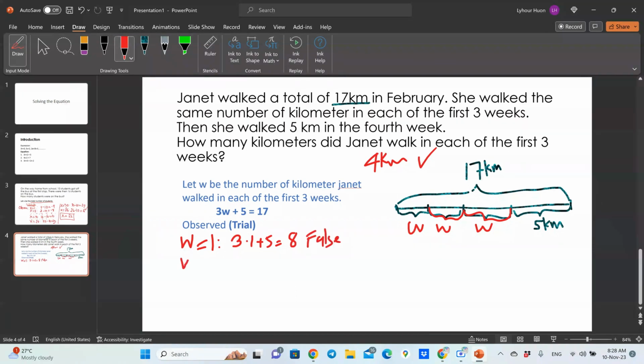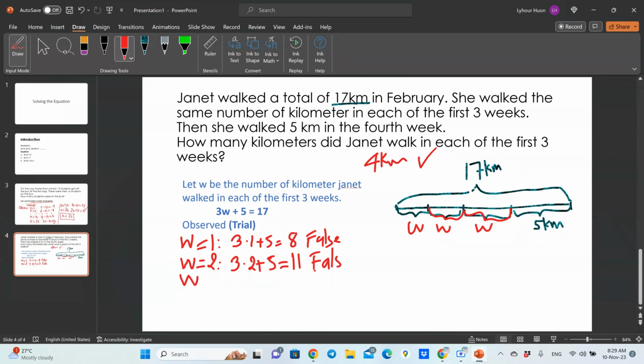Now when w equal to 2, we replace w by 2, so 3 times 2 plus 5, which is 6 plus 5 equals 11. Still not the correct answer we want.